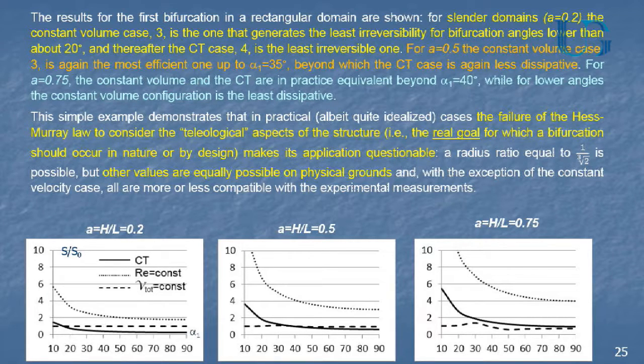But this solution tells you there are at least 2 laws that are competing in this kind of geometry. Okay? Constant volume, constructal, or Hess-Murray. So Hess-Murray is not the only legitimate law which assures you the minimum entropy generation rate. Okay? Next, please.